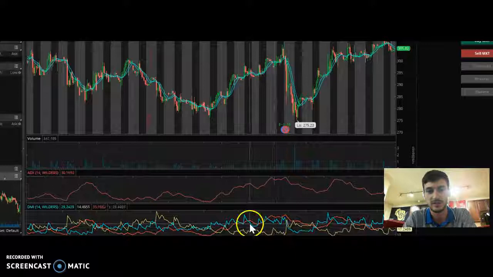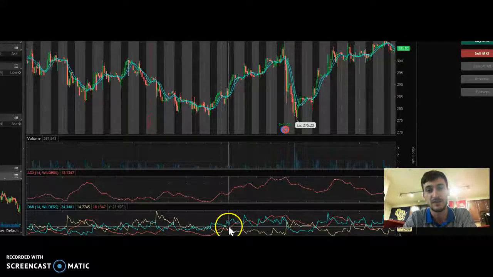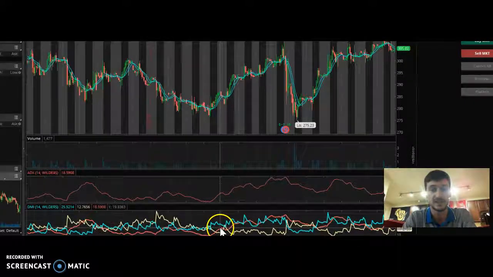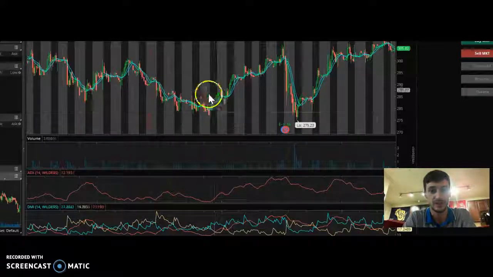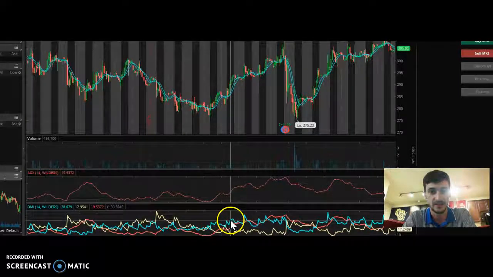You want to look for the big open areas, and really you want to look for the places of convergence, because then you have to see who is taking off after that. Is it going to be the bullish trend or the bearish trend? In this case right here, we had a convergence because it got pretty flat, whereas it went up. You can see that indicated in the blue right there.